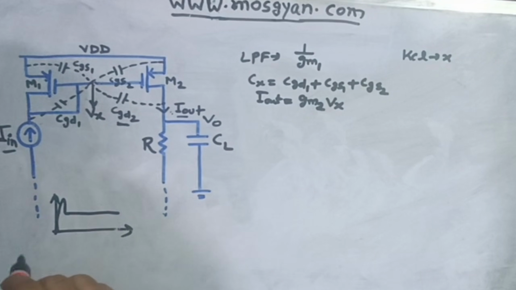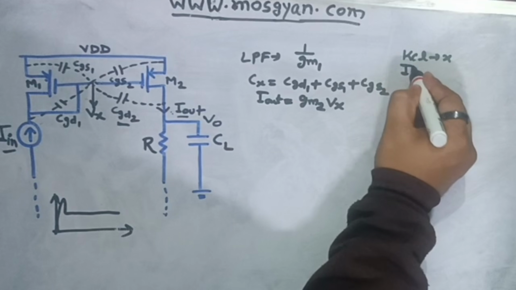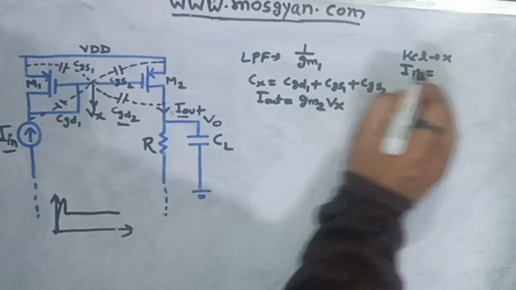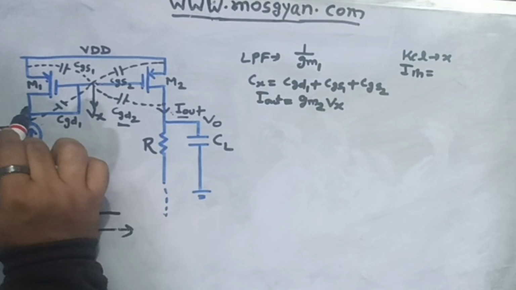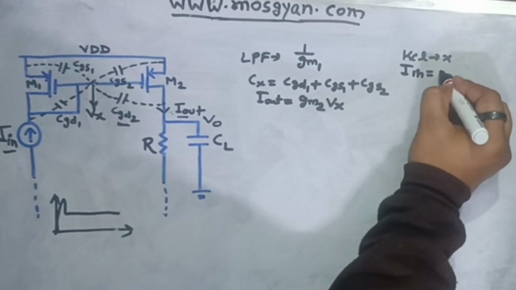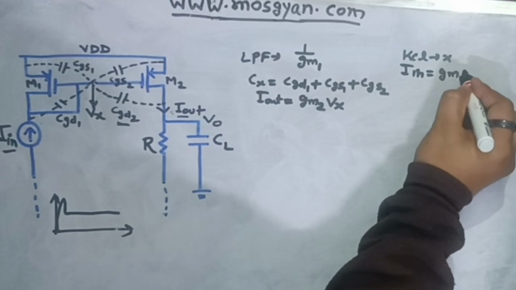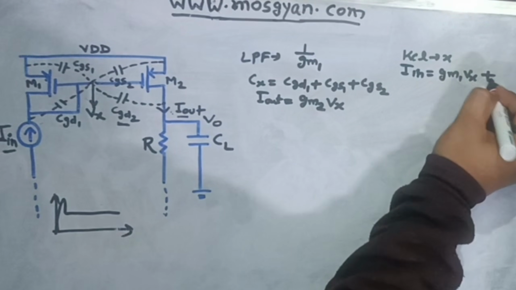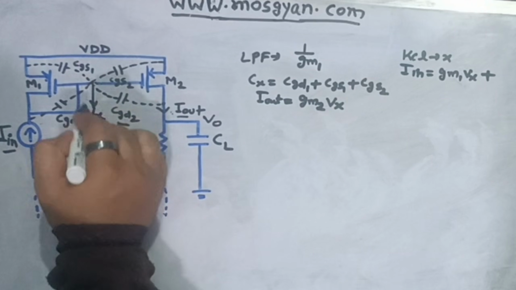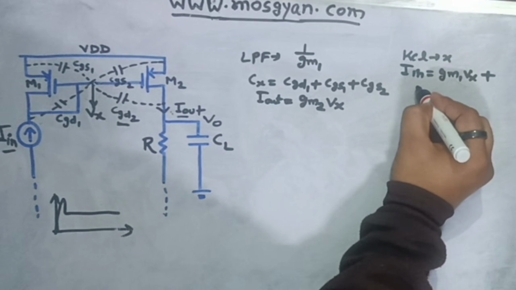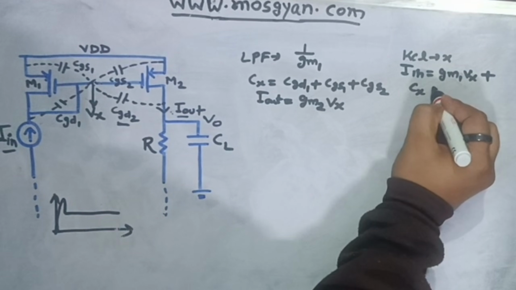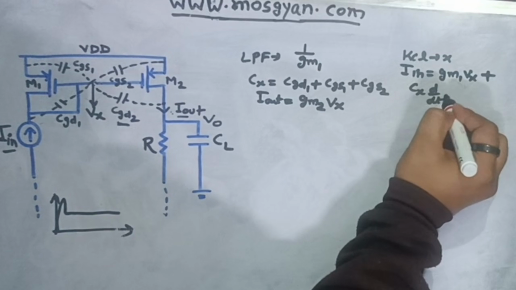So let's write this equation. I input should be equal to the current in the diode connected load, which can be written as gm1 into Vx, plus the current across the capacitor at node X, which can be written as C dV/dt, that means Cx into dVx/dt.